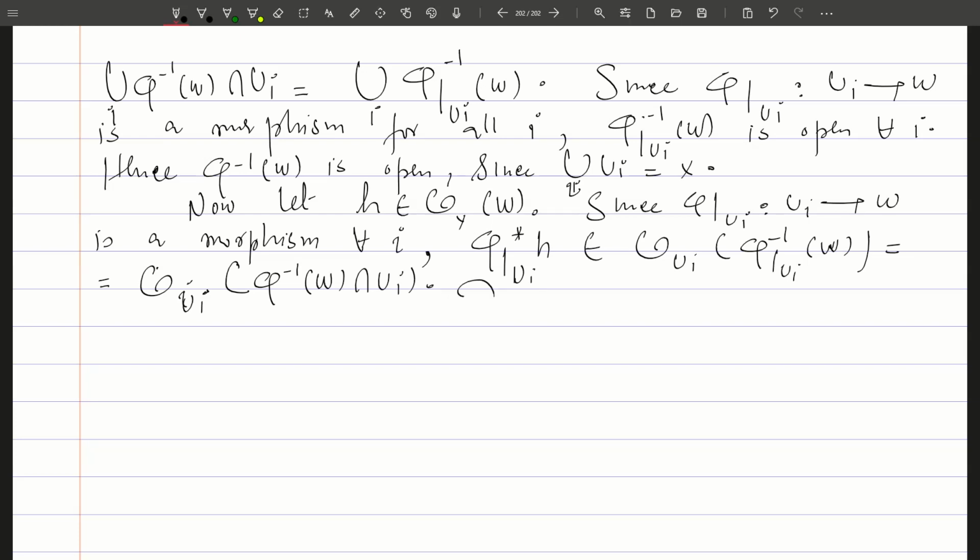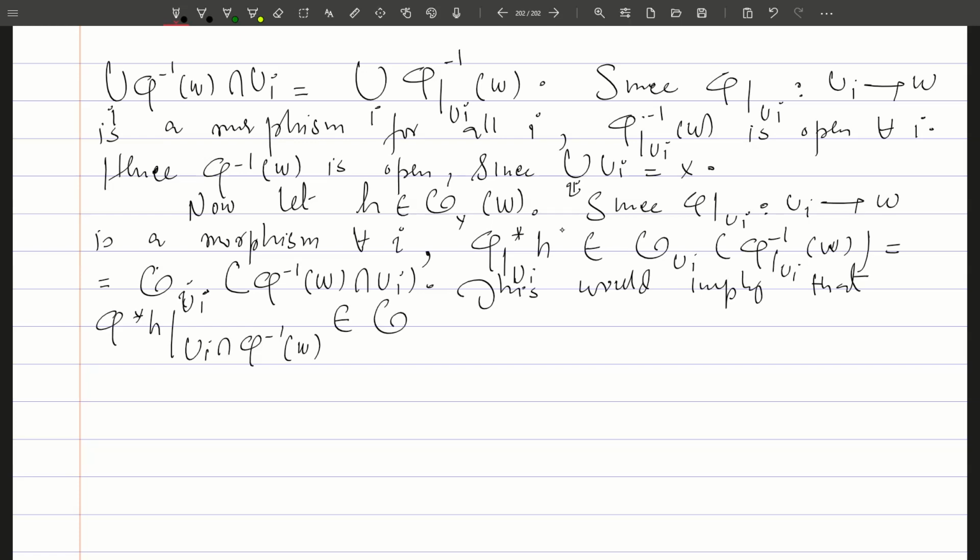And this would imply that phi star h restricted to the set Ui intersection phi inverse W is a regular function over the set phi inverse W intersection Ui. So this is true for all i.